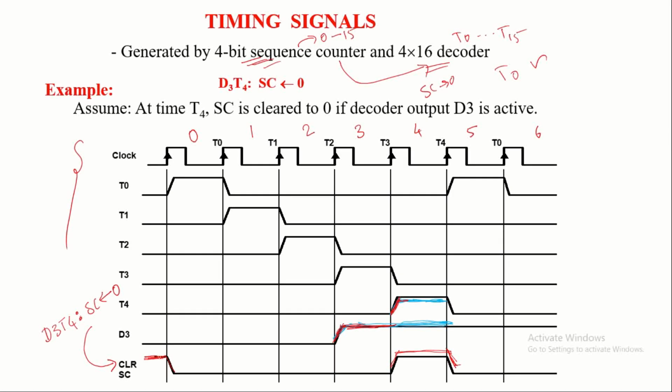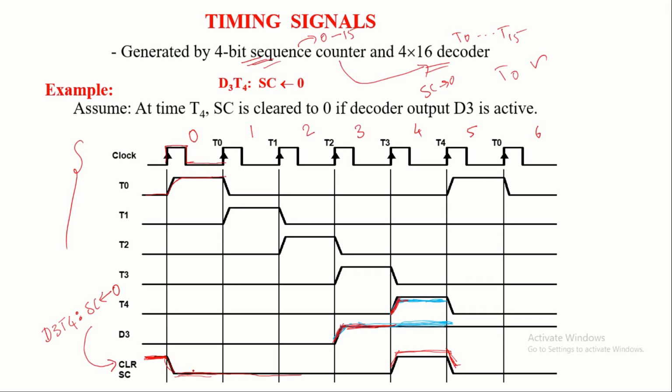Here you can see it is in the rising edge, so it is active. Whenever it is active, in the 0th clock cycle, T0 is active. In the subsequent clock cycles, you can observe the sequence counter clear input is not active.